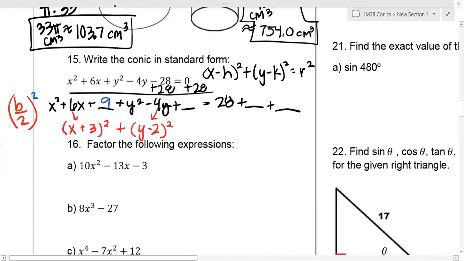And then when I square that, 2 squared is 4. So I'm going to add 9 and 4 onto my 28 to get the radius. What is that, 41? 28 plus 9 plus 4, yeah, 41 for this value. So the standard form of this conic looks like that.